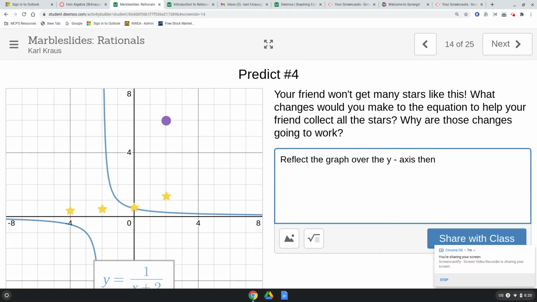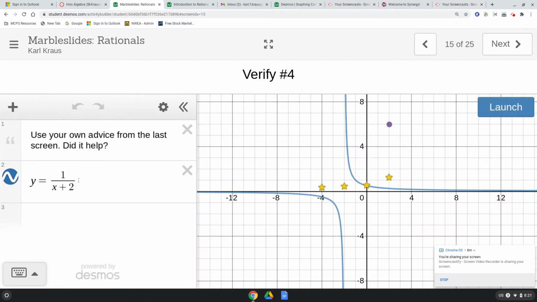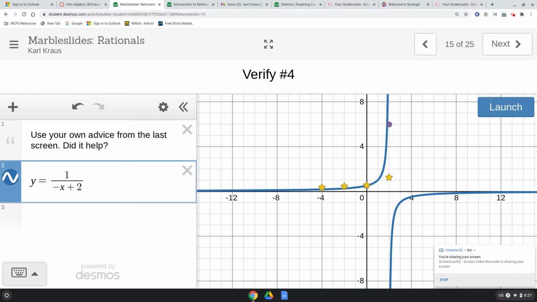And then make any necessary adjustment. Let's go ahead and do that. So to reflect this over the y, make this negative. Well, that doesn't quite do it.